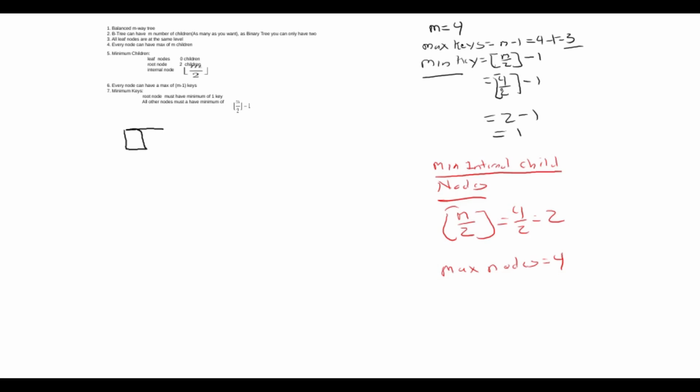So we're going to create our first node here. This is for M of 4. We put K1; these are defined as our keys. We can have a maximum of 4.